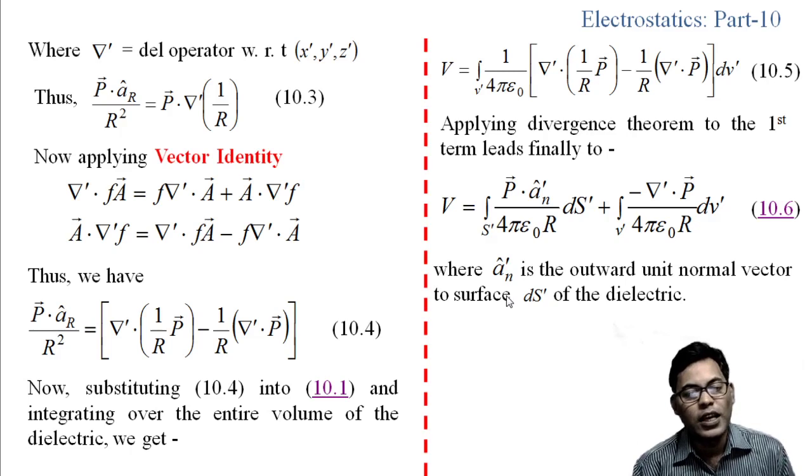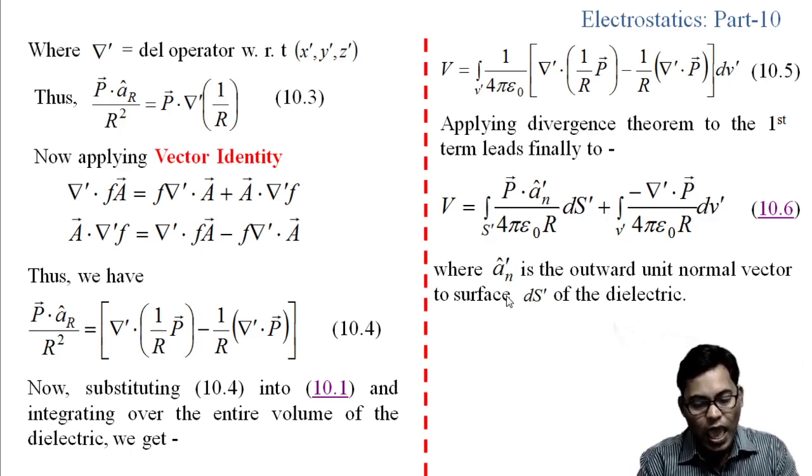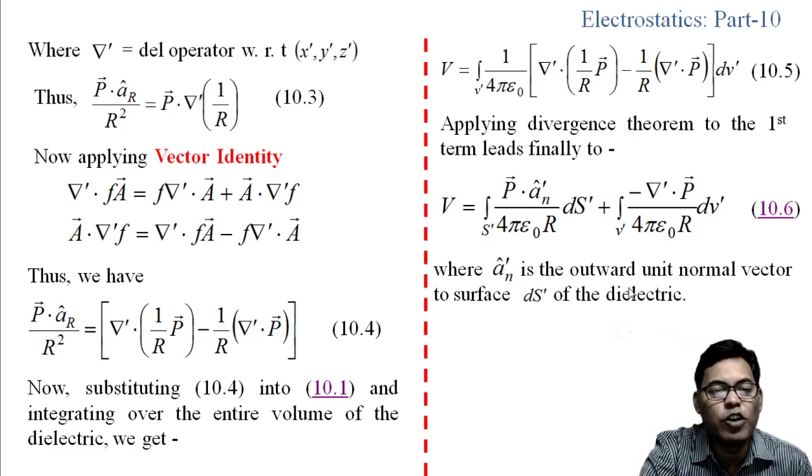So here ds prime is taken at the surface of the dielectric material, and an is the unit normal vector normal to that ds prime area.